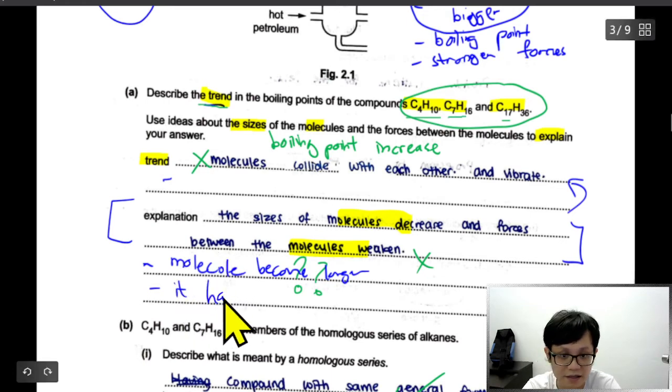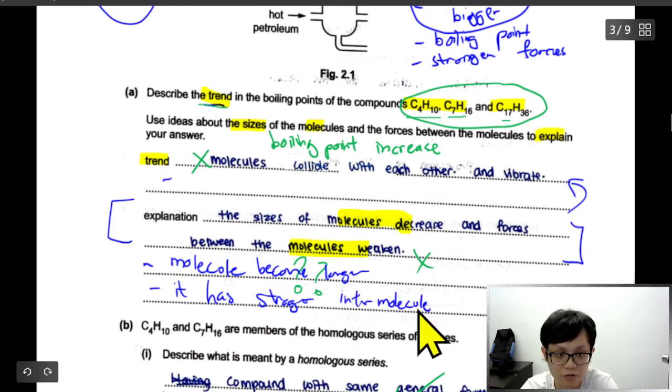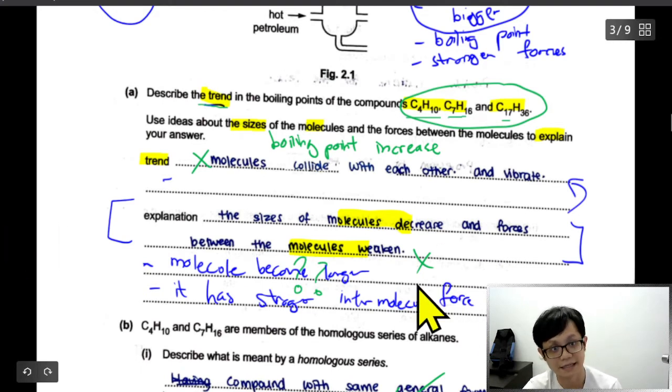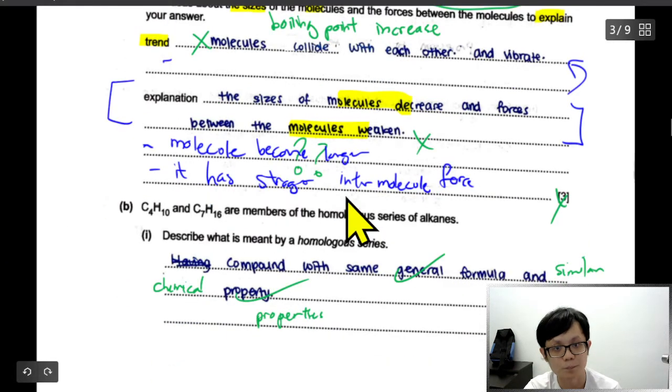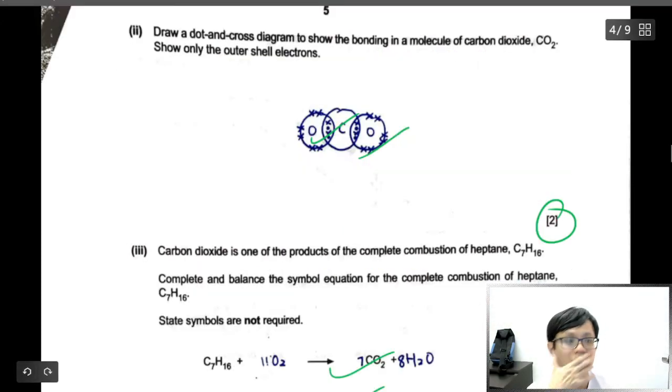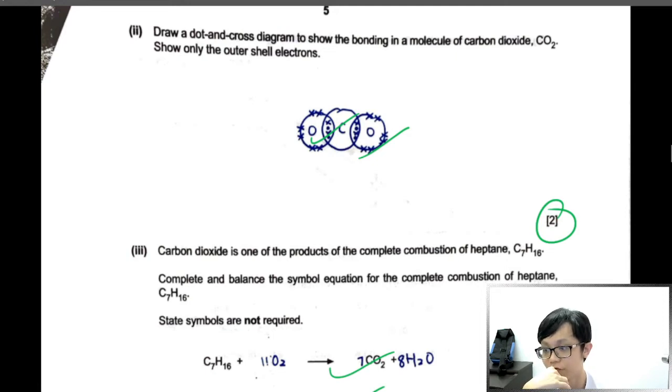It has stronger intermolecular force, for example, and we can say it like that. Okay, draw a dot and cross diagram. So for this question, the student will get full marks.